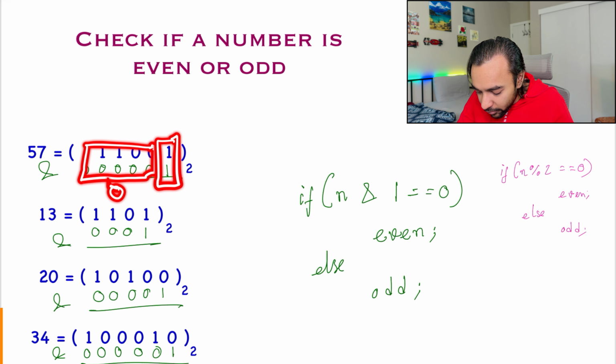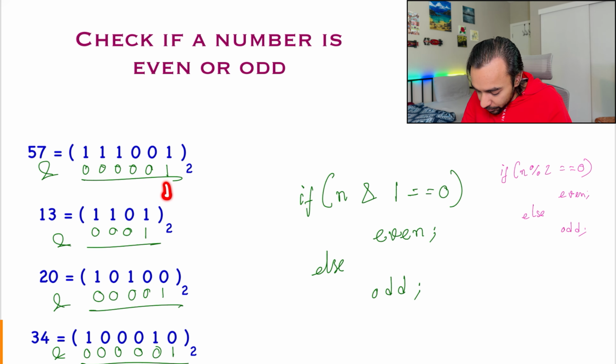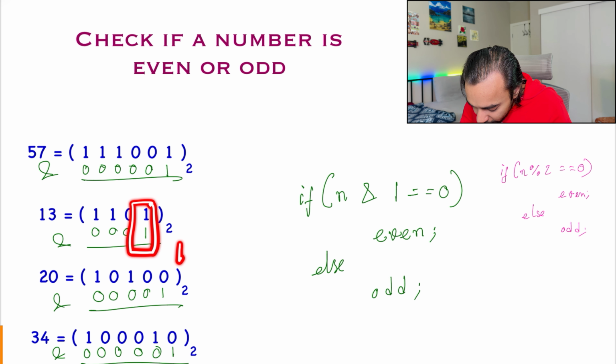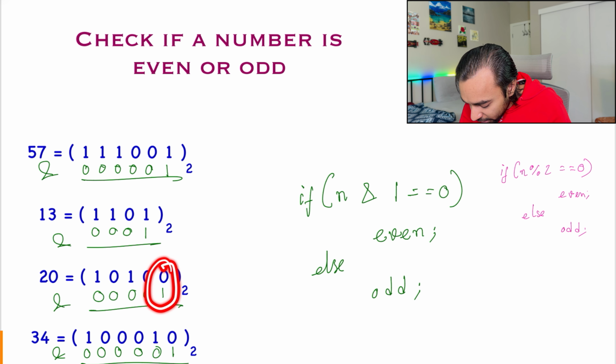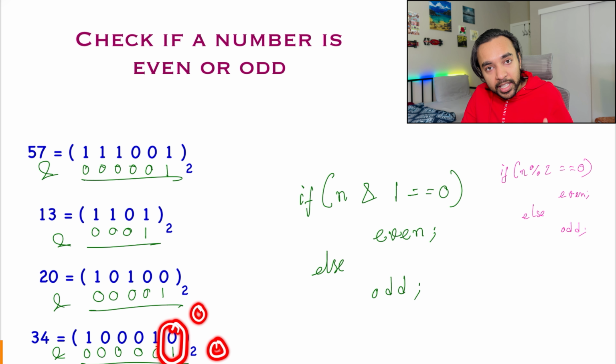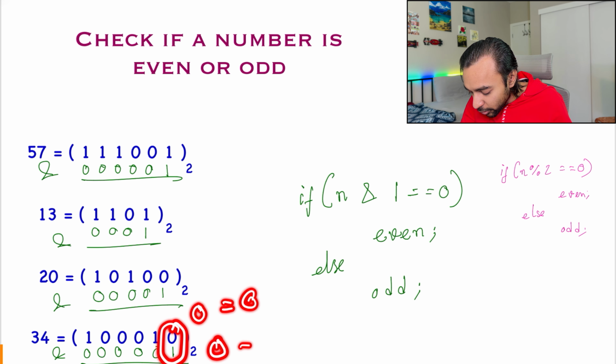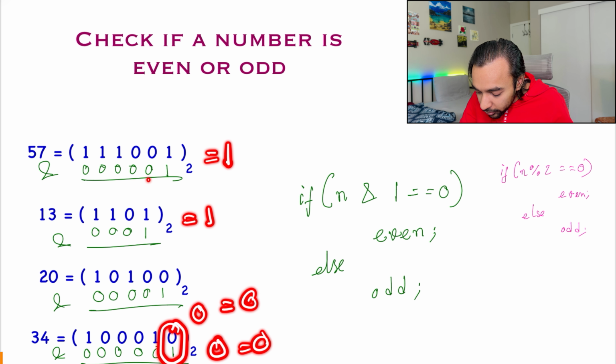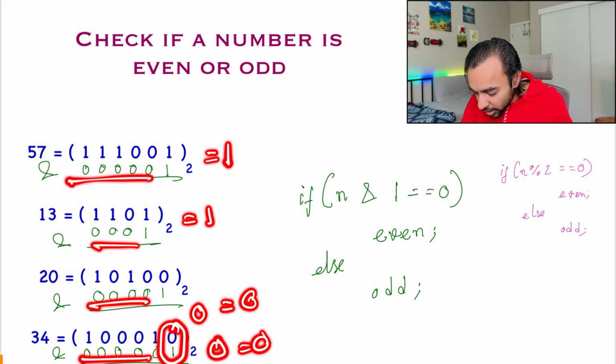But 1 and 1, since they both are 1, you will land up with a 1 over here. 1 and 1, this will be a 1. 0 and 1, this will be a 0. And 0 and 1, this will be a 0. In case of even numbers, the result will be 0. In case of odd numbers, the result will be 1. Because all of the other bits are already set to 0, so they are all going to become 0.